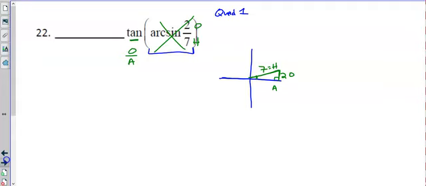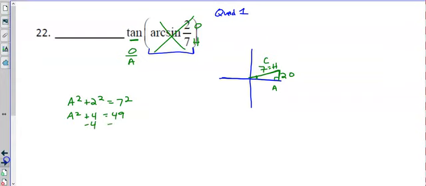Well, anytime you have two sides of a right triangle, you can always find the third one using the Pythagorean theorem. Okay? So your C is always your hypotenuse, and then your legs are A and B. So I'll just call this A for adjacent, that's fine. So A squared plus 2 squared equals 7 squared. Just make sure your hypotenuse is always the one that's by itself.